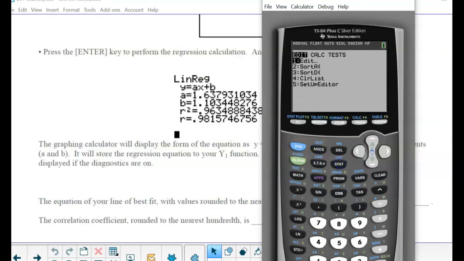So check. I'm going to just graph it right now, and then I can tell if I'm off.